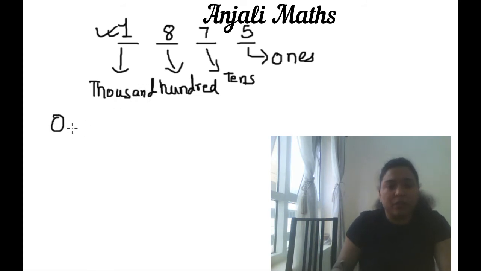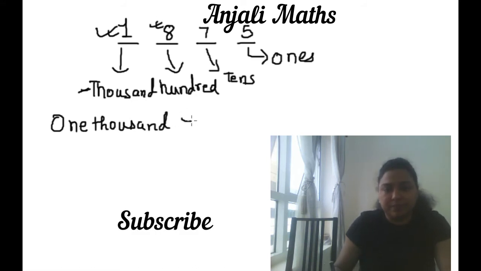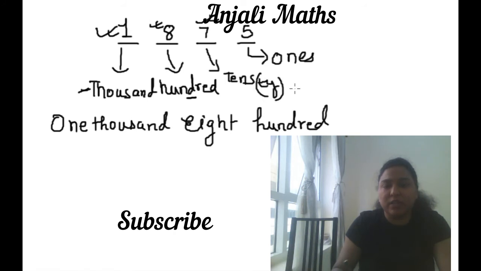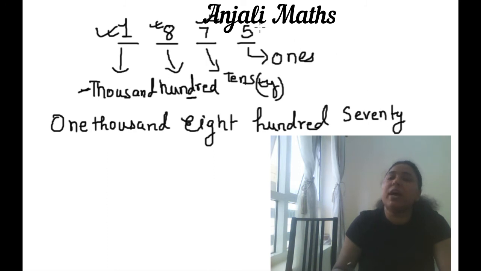Now we will write 1 and add 1000 here because it is in the thousands place position. We will write 8 and add 100, 800. We will write 70, we will add ty, 70. And we will write 5 as it is, 75.